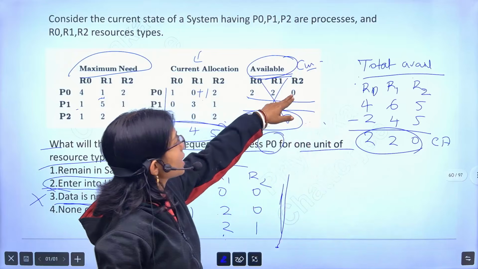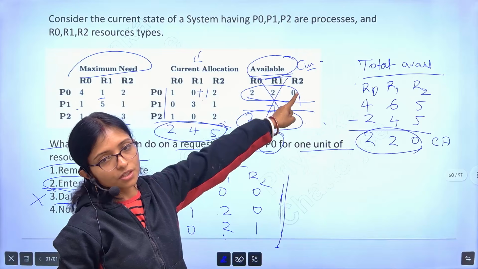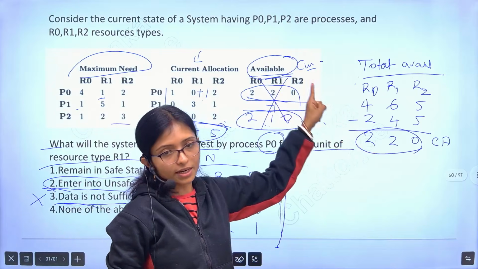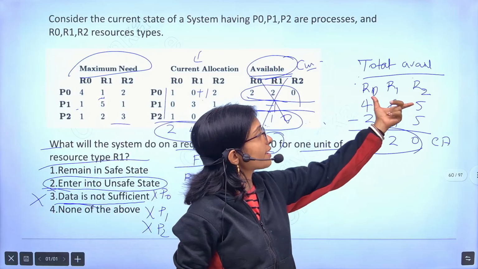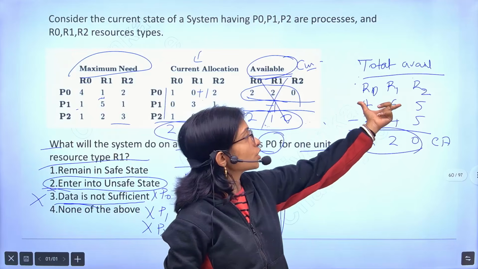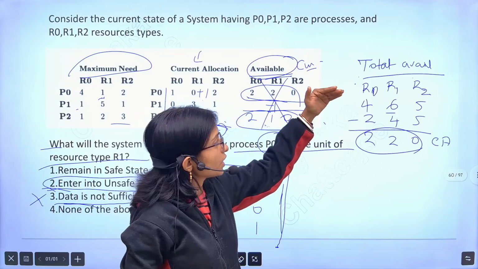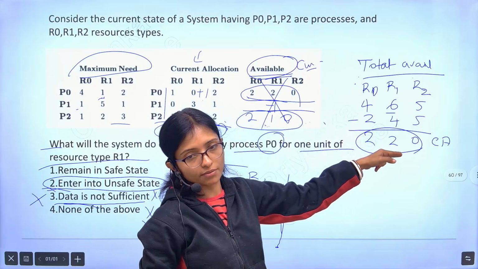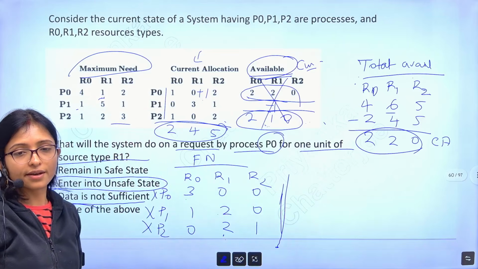The same number you are getting back. 2, 2, 0. Got it? In that case this value is very large. Total availability means this value is a very large value, and when it is only availability, this is a small value. Got it? Clear?